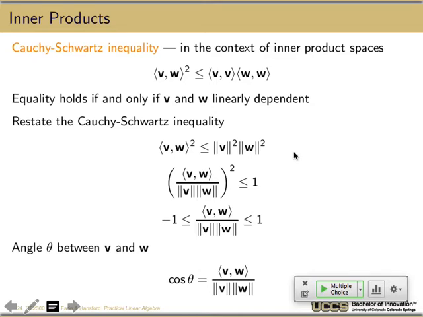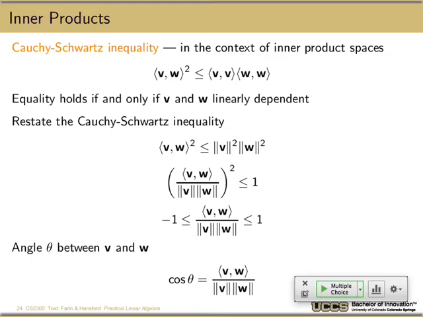So from that, with a little bit of effort, the same way we derive the relationship between a dot product, cosines and angles, you get that the angle cosine theta is given by the inner product of V and W divided by the norm of V and the norm of W. So the same thing we saw for a dot product, except now this is true in these more general inner product spaces.